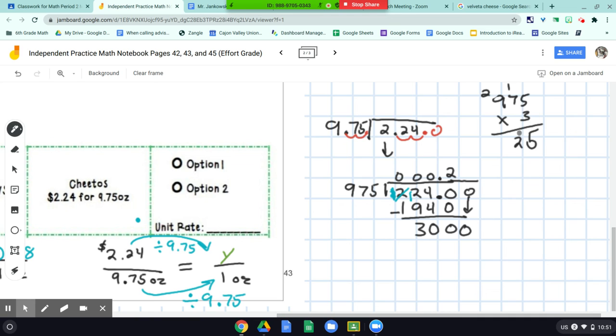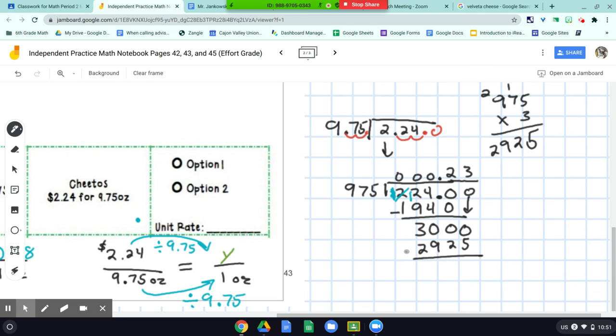I'm sorry, 9 times 3 is 27, plus 2 is 29. That is more like it. Okay. I knew I did something wrong there. So 975 times 3 is 2,925.